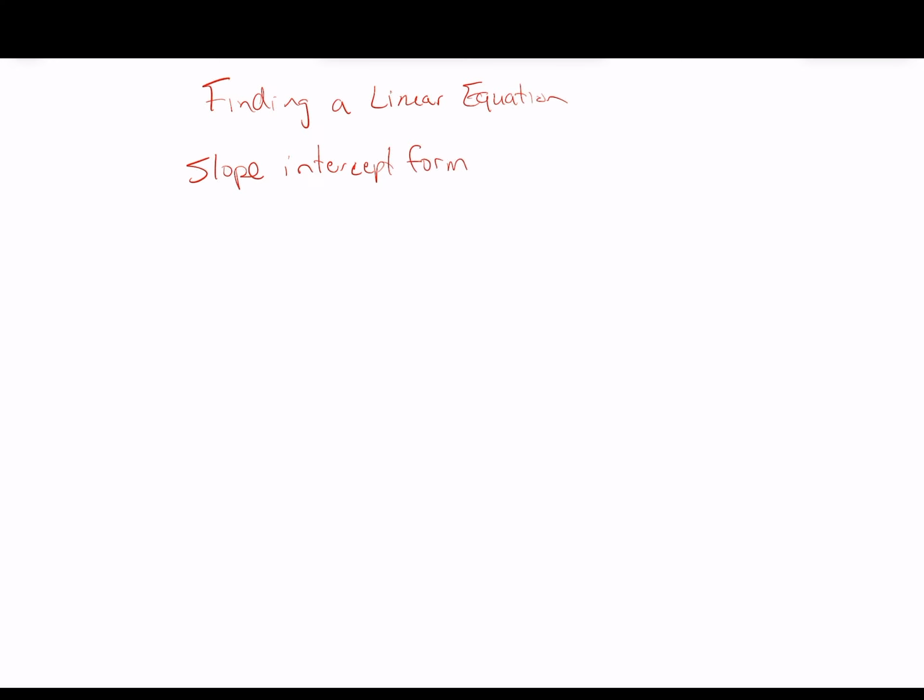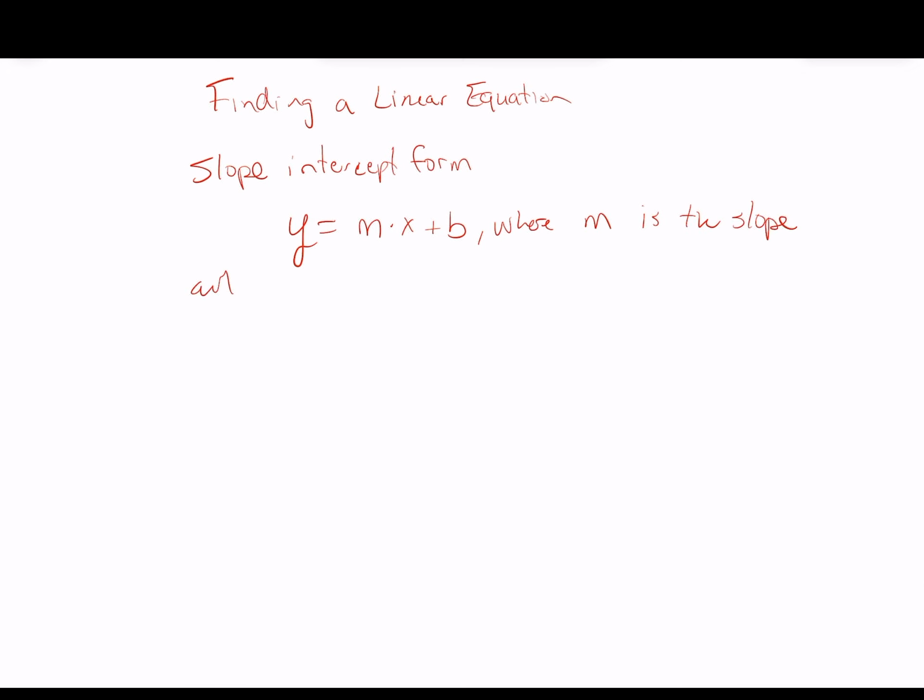Linear equations can be written as y is equal to m times x plus b, where m is the slope and b is the y-intercept of the line.